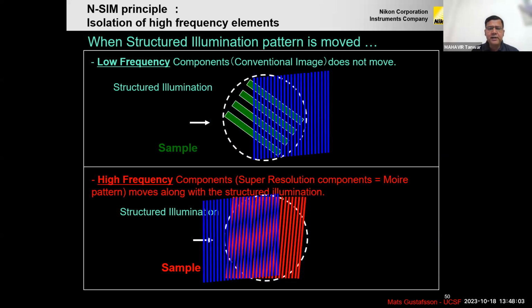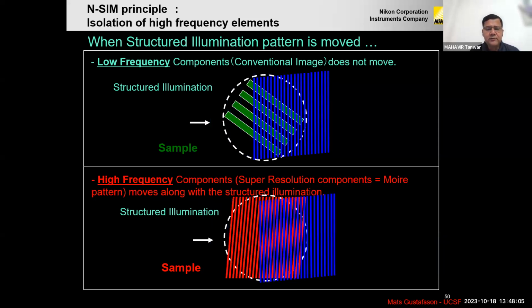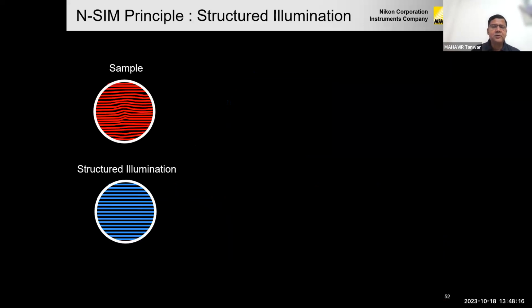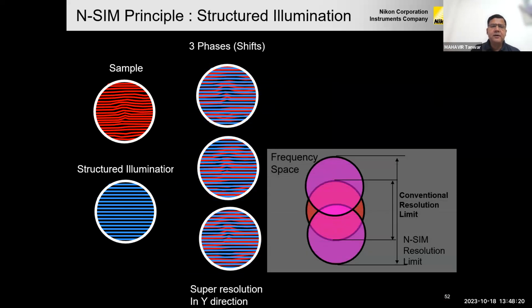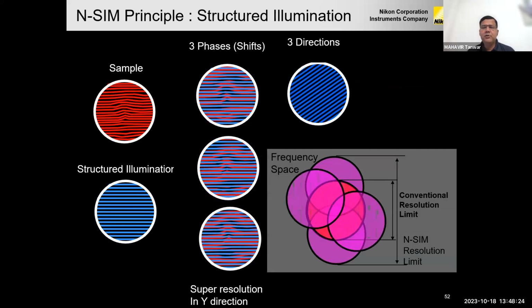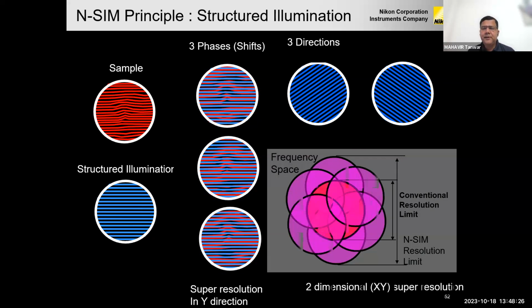So what we are doing in this case, we need to know the sample frequency, so that can be calculated. Total minus the known will be the sample frequency. Once that is there, let's say this is the sample and below it the structured illumination. We put in 3 shifts and 3 phases, and then we rotate in 3 directions.